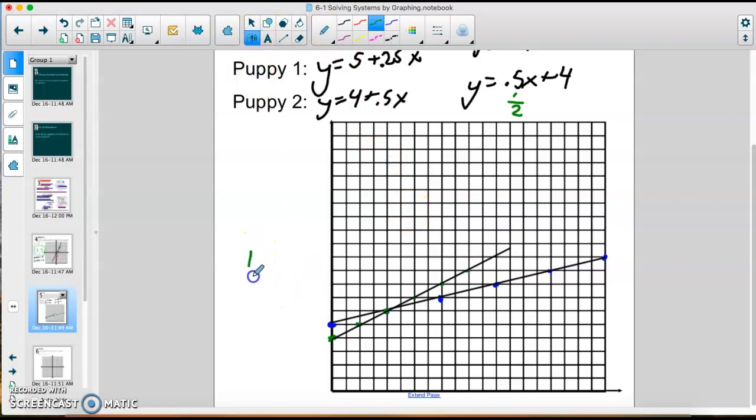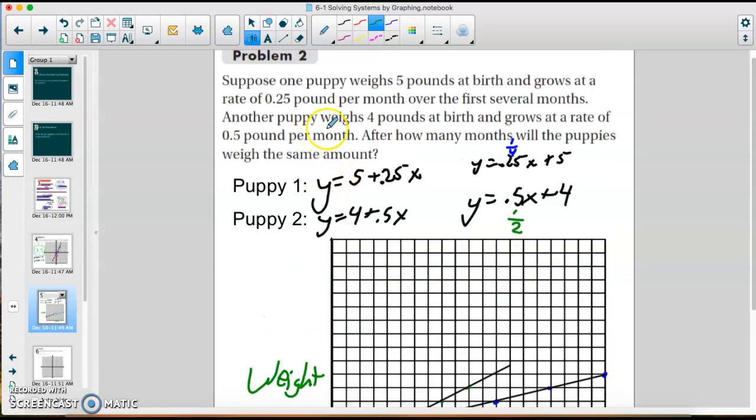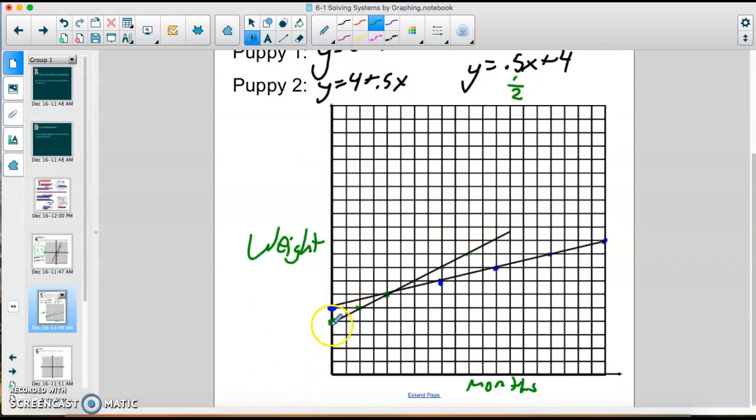Now remember, this was weight if we were to label our axes, and this down here was how many months, because our problem said per month, right? So they weigh 4 pounds and 5 pounds, and then after month 1, they weigh this much. After month 2, they weigh this much. After month 3, they weigh this much.